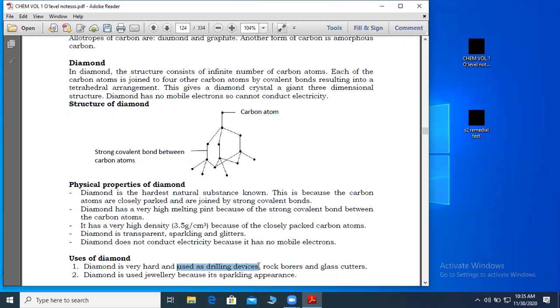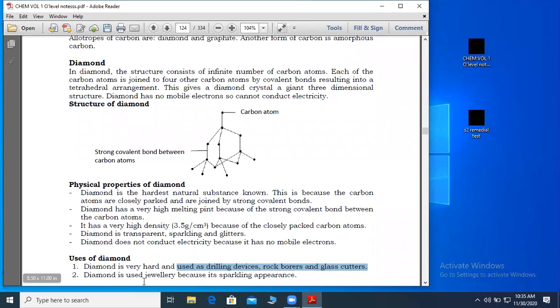Those drilling tips are usually made of diamond because it is very hard. Then it is also used to make glass cutters. These machines which cut glass are made of diamond.